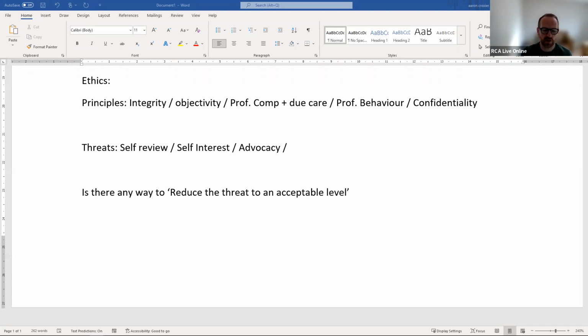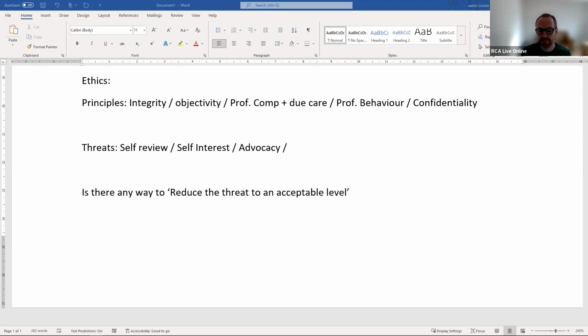So one thing I've seen is the auditor being invited to the listing party for a client. A client's about to become listed and the auditor has been invited to the party because he's part of the relationship for the financial statements. That could be seen as an advocacy threat, because you could be seen to be speaking on behalf of the client.